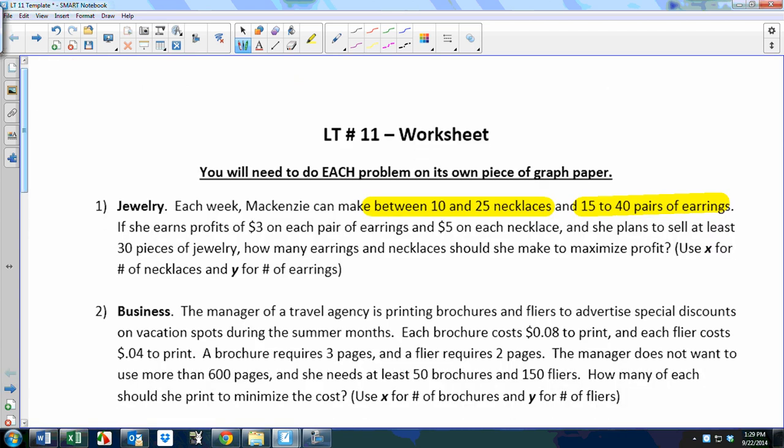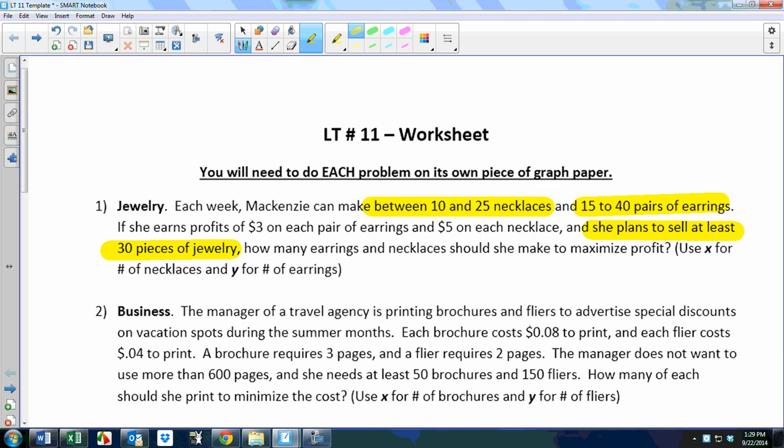And there's one more phrase. As you read through it, it's a little bit further down. It's not about profit. She plans to sell at least 30 pieces of jewelry. That's another phrase that restricts her production. You've got to have enough jewelry to add up to 30 pieces, okay?